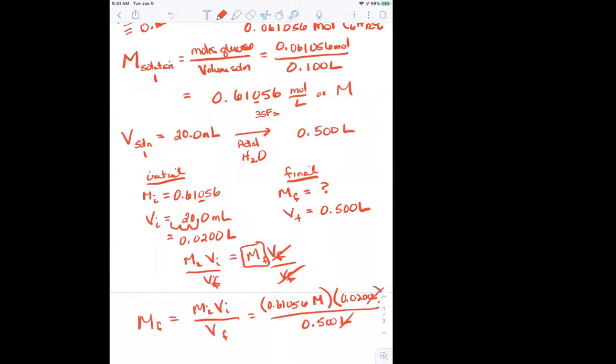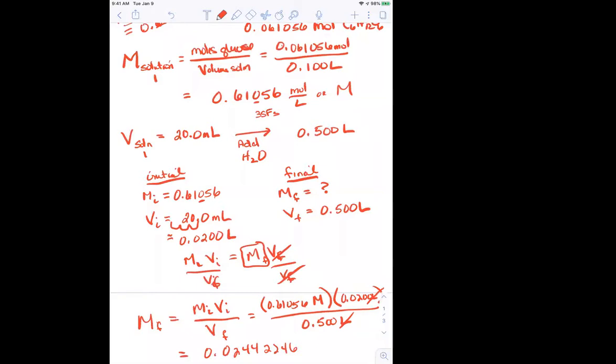That cancels. And what I get is my molarity times 0.02 divided by 0.5, and I get a molarity of 0.02442246.